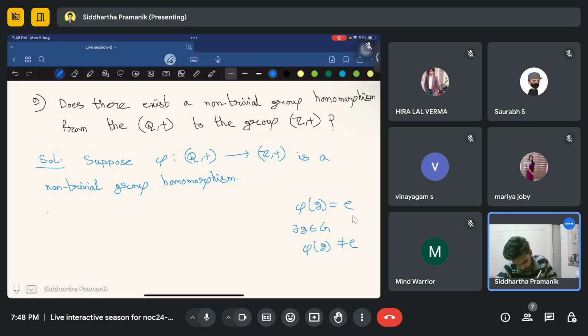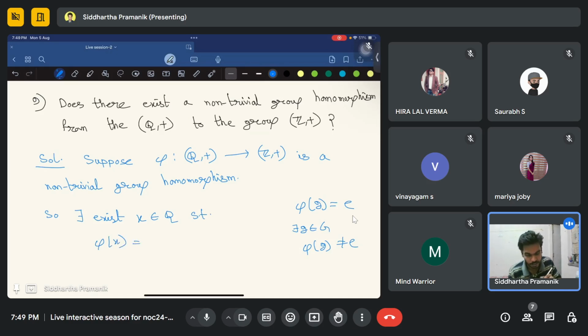So there exists a rational number, let's say x, such that phi of x is not the identity. What is the identity of (Z, +)? It is 0, right? So phi of x is non-zero.